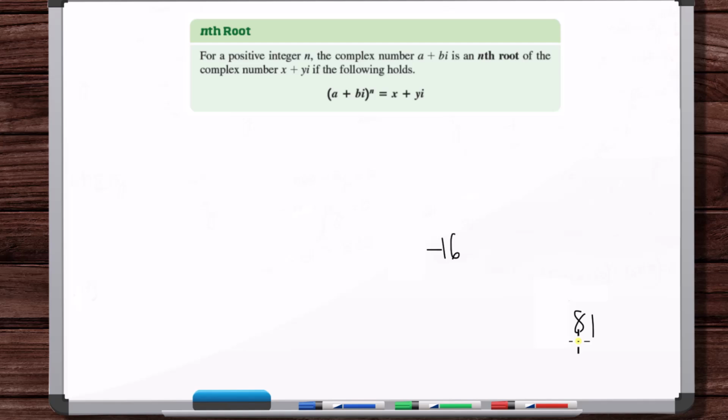Those roots might be pure real, they might be pure imaginary, they might have imaginary and real parts, but there's going to be n roots every time.